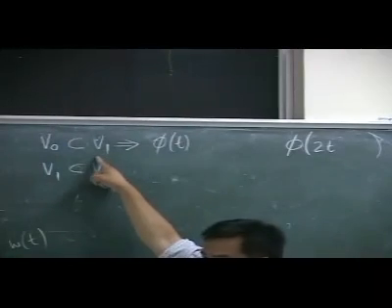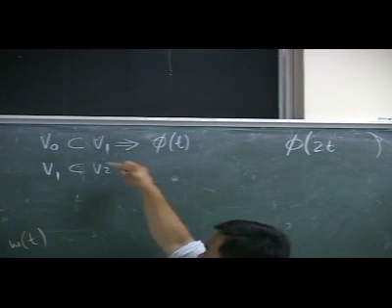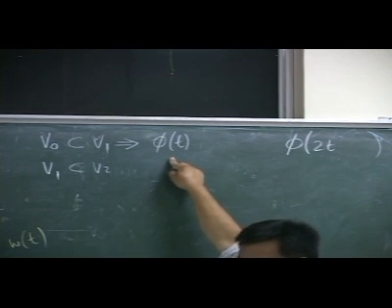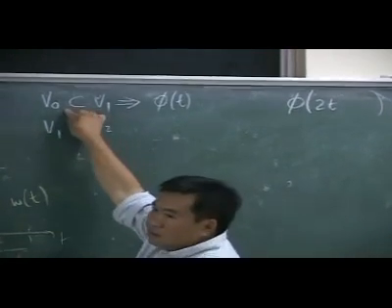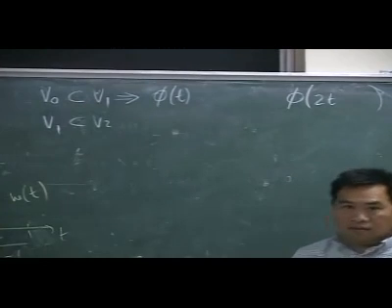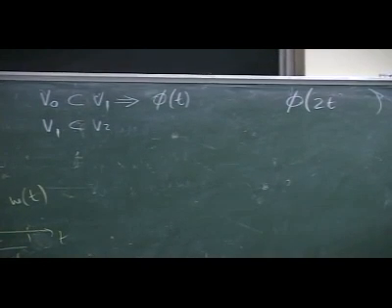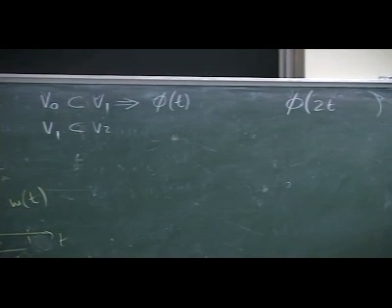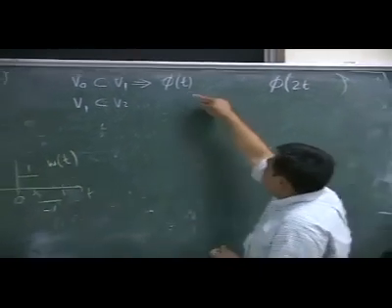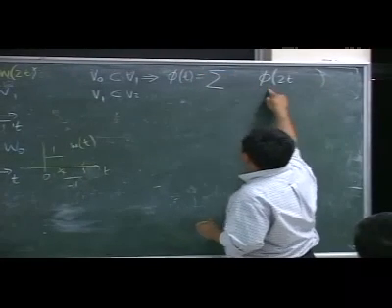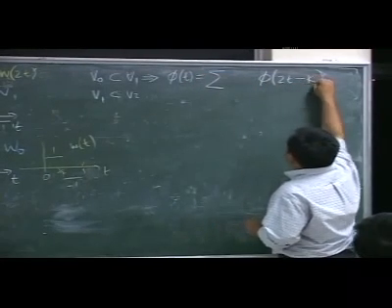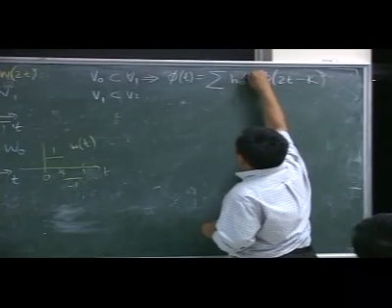V0 in V1. Okay? I know that the basis function in V0 is phi of t, and the basis function in V1 is phi of 2t. How do I translate that statement using basis functions? If I can represent phi of t using a combination of phi of 2t minus k, let's call this h naught of k.